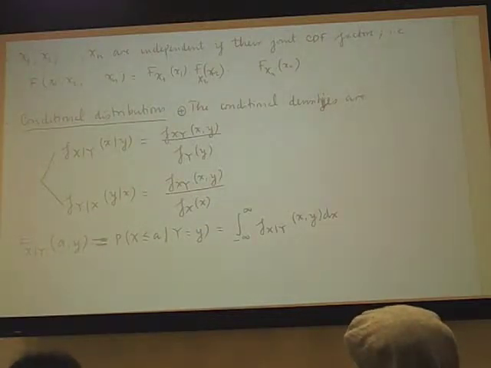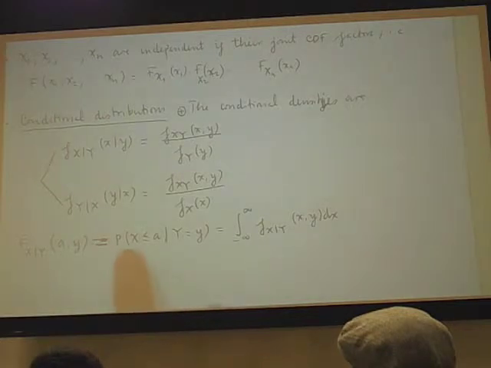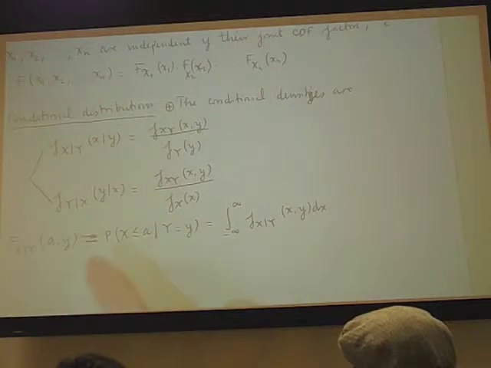Where x is a, and then y right there is just some y right there. Now, what does that mean, strictly speaking? This F right here means the cumulative distribution. So that's going to be the probability of all the x less than or equal to a, given that the other variable is held fixed equal to y.